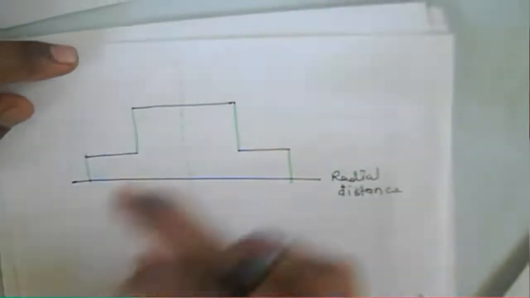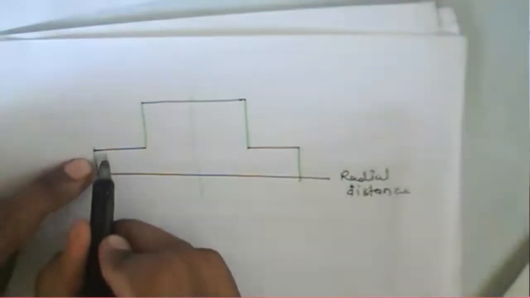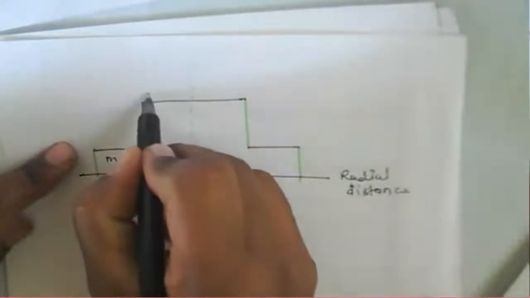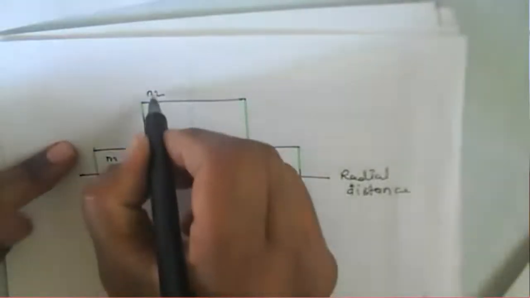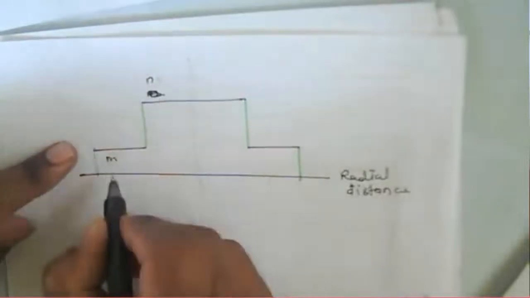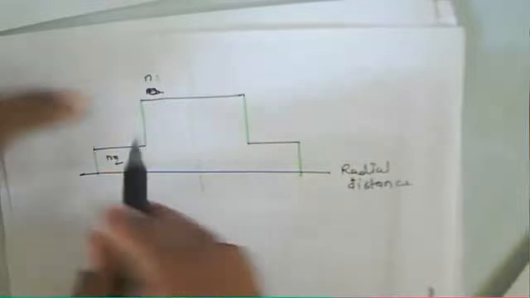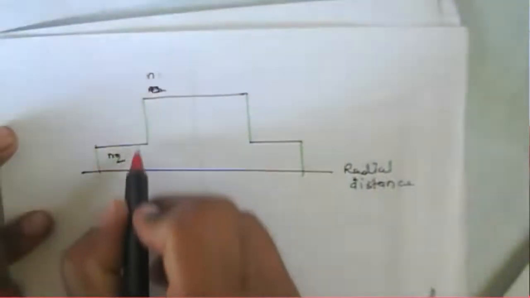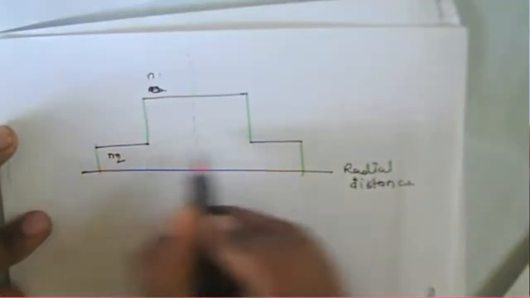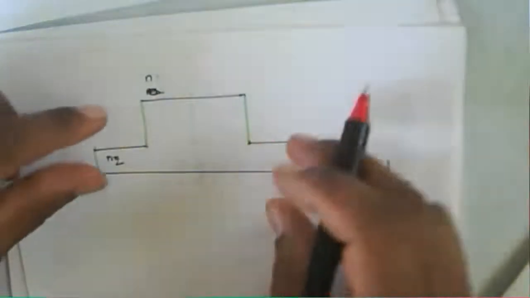Now this one is a profile that looks like a step index fiber. Here it was n1, and this is n2. There is an abrupt change at this particular boundary. This is the core.